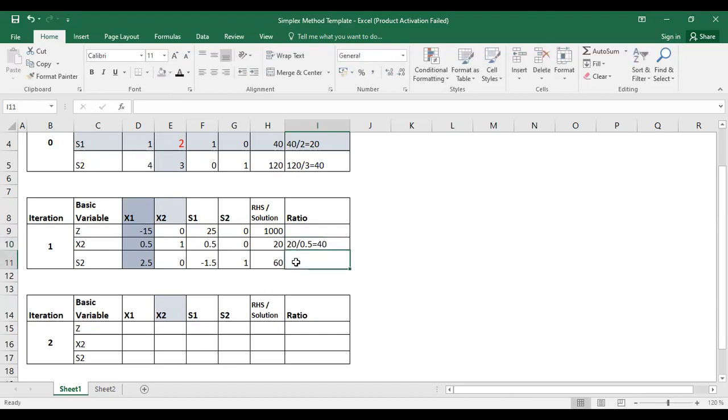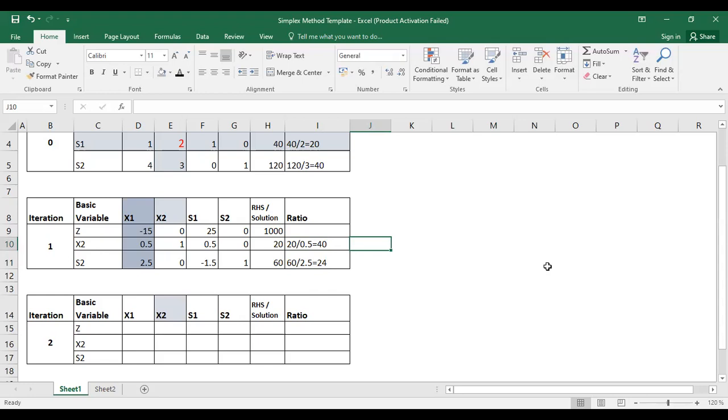And then for S2, it's going to be 60 divided by 2.5, and that will be 24. Thank you.